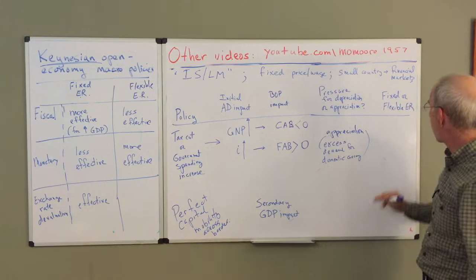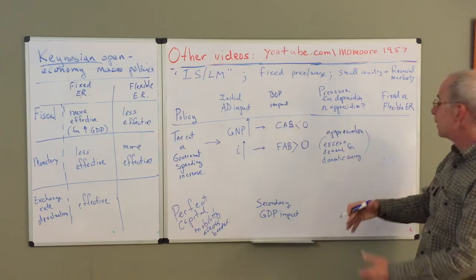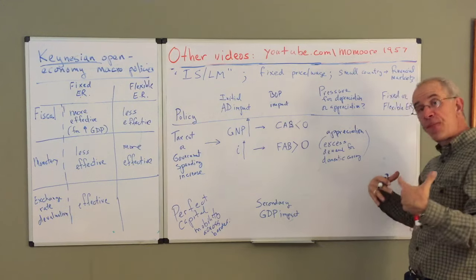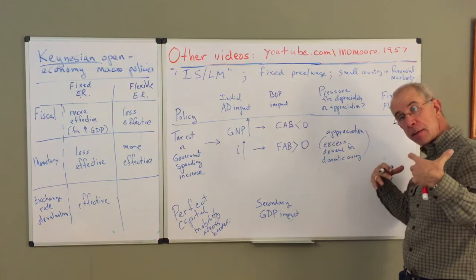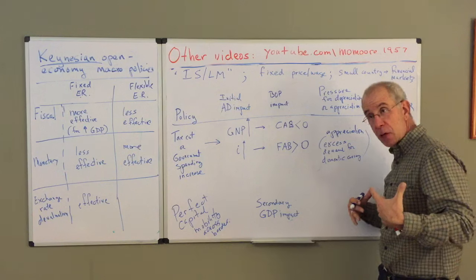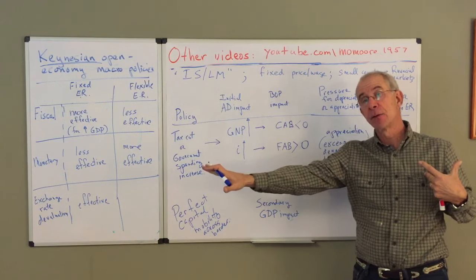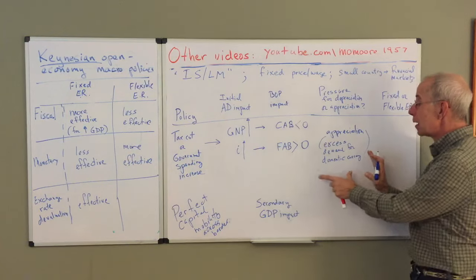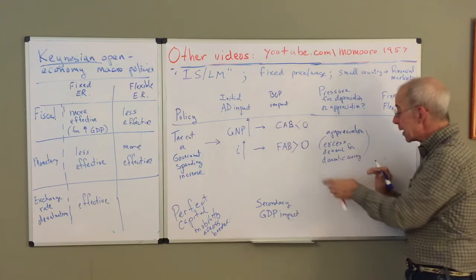The central bank turns around and buys up foreign exchange and pushes out domestic currency into the foreign exchange market to satisfy this excess demand.